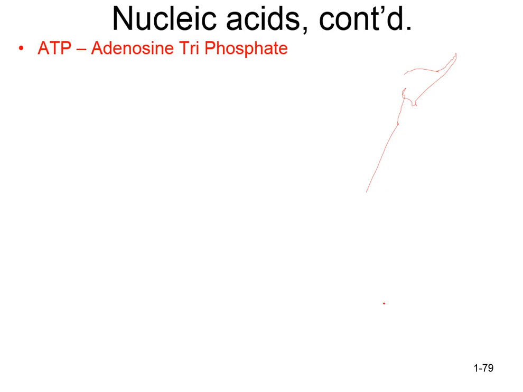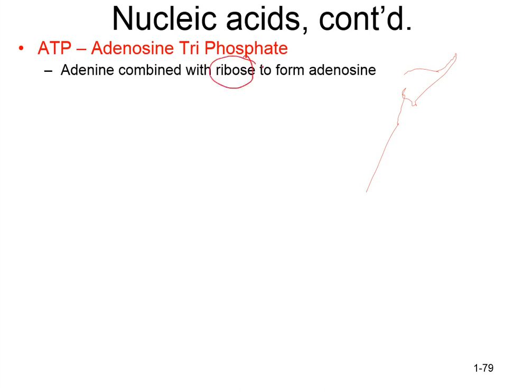Now we have part of DNA that we call adenosine triphosphate. Also part of another nucleic acid. This one, the adenosine triphosphate, ATP, will combine with the ribose of the sugars on the DNA or RNA.